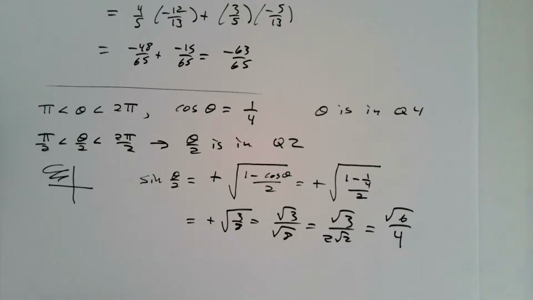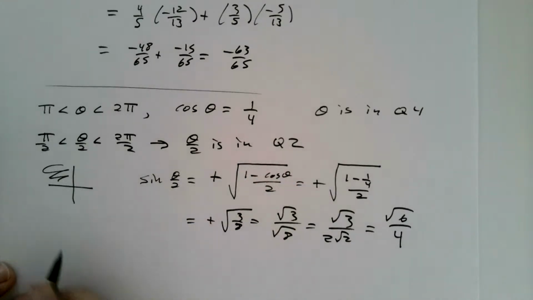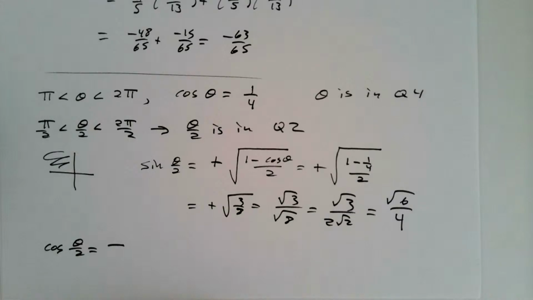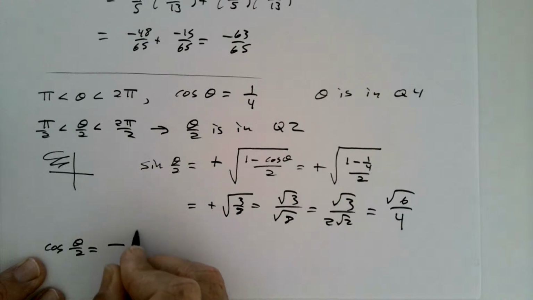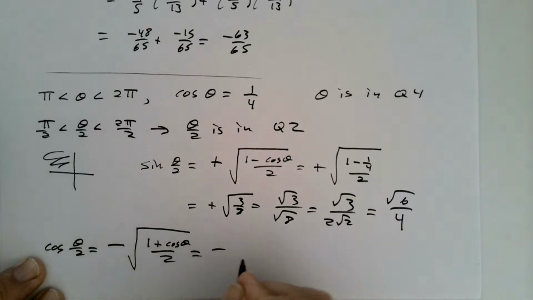And then for cos theta over 2, again, theta over 2 is in quadrant 2. Cos theta over 2 would have to be negative. In quadrant 2, cosine is negative. So what are we going to say there? The square root of 1 plus cos theta over 2.